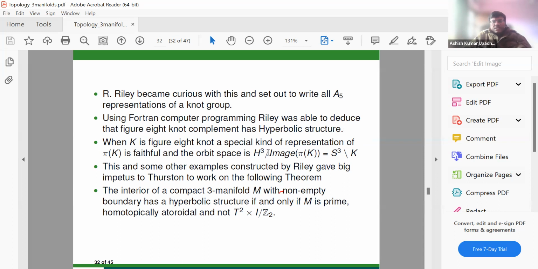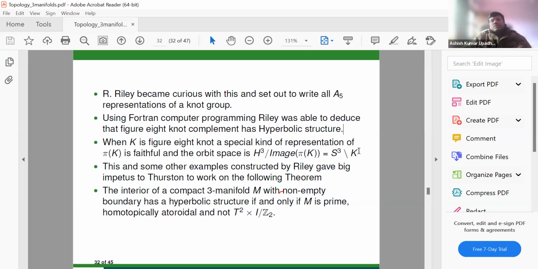The orbit space turns out to be the hyperbolic space over the image of this knot group into the permutation group, which turns out to be equal to S3 minus K.